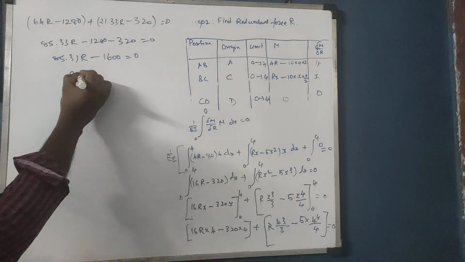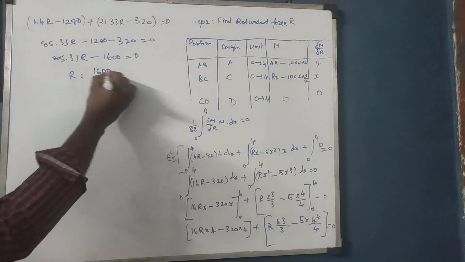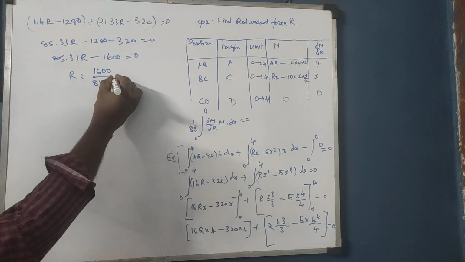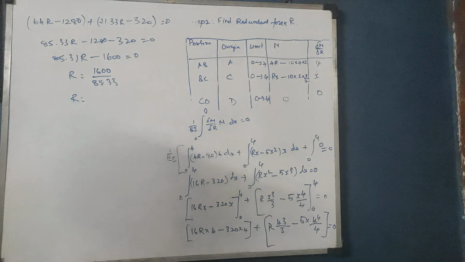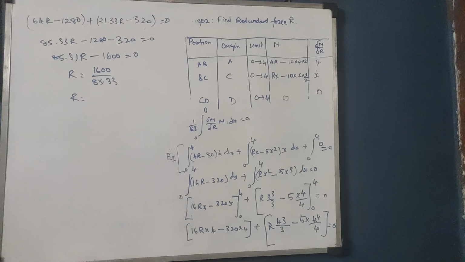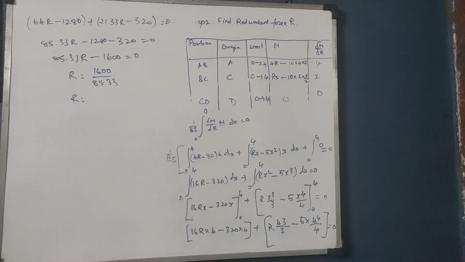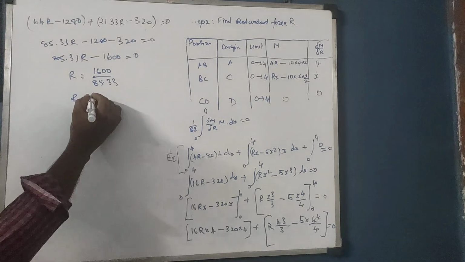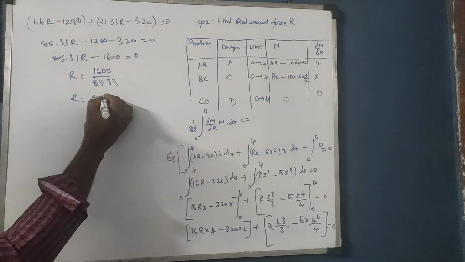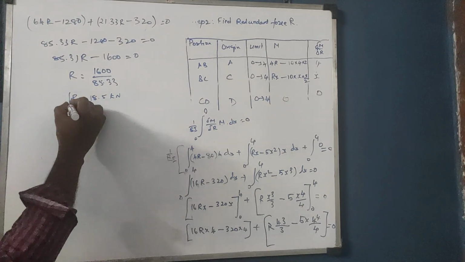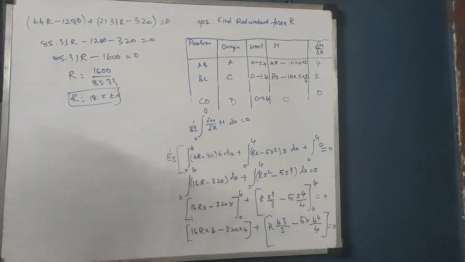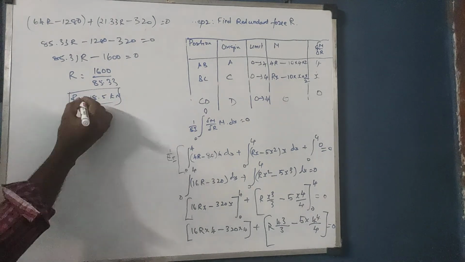Therefore, R equal to 1600 divided by 85.33, R equal to 18.5 kilonewton.